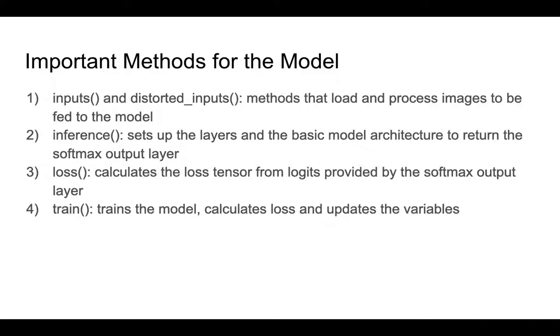So some important methods that we use are inputs and distorted inputs. Basically, they load and process the image. Inference and loss, as I mentioned, make important calculations and set up the layers. And finally, train, as is pretty obvious, just trains the model, calculates loss and updates the variables.